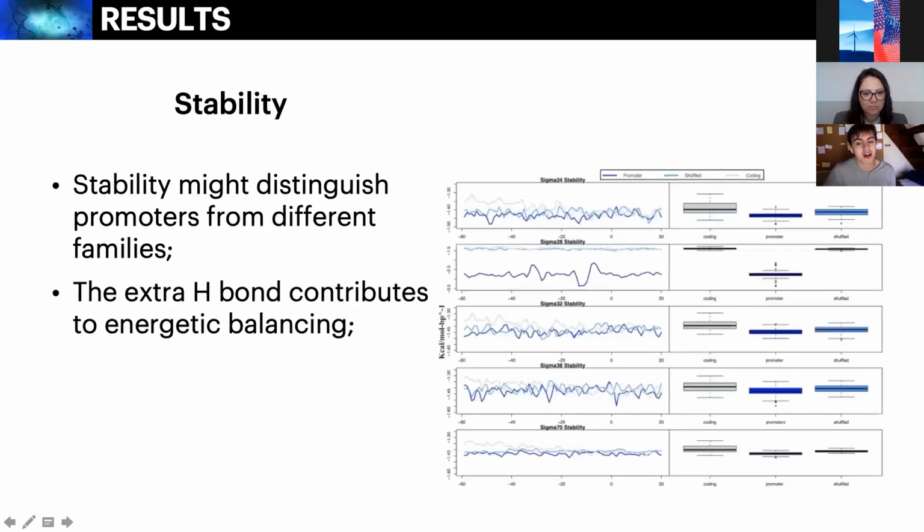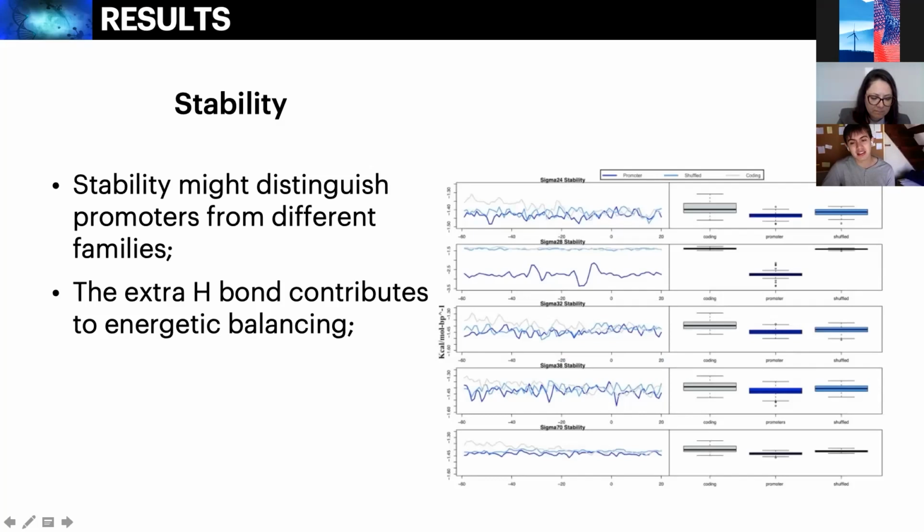When we go to our other features, we have DNA stability. The promoter sequence tends to be a region with lower stability because the RNAP is constantly binding to this region. And for this to happen, we need a balanced structure.